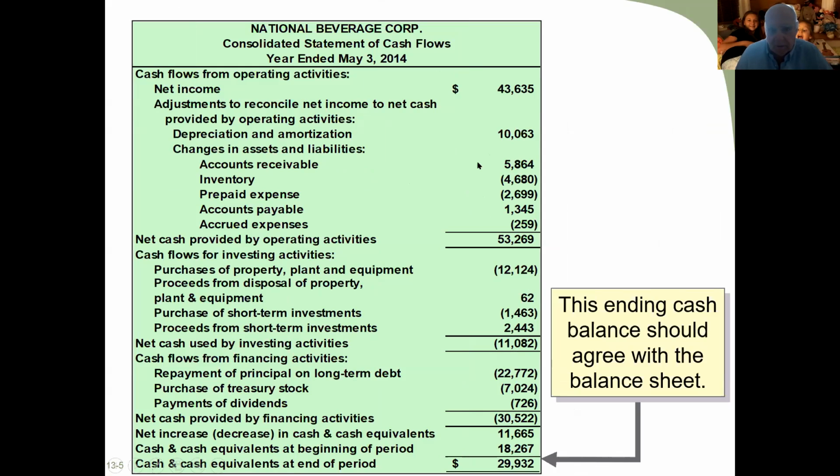And you notice that accounts receivable has a positive 5864. That tells the world that accounts receivable went down, okay? When a current asset decreases, that is a positive cash flow, and the opposite, a current asset that increases is a negative cash flow.